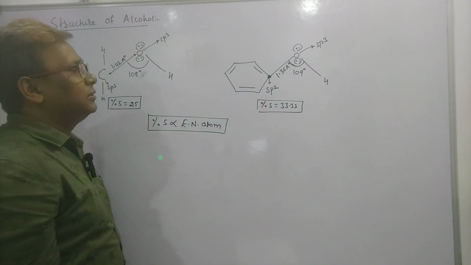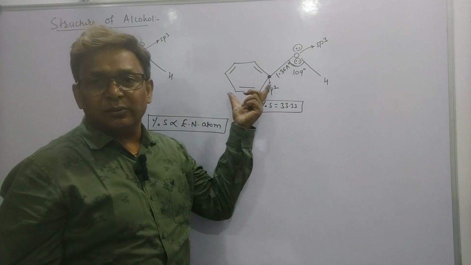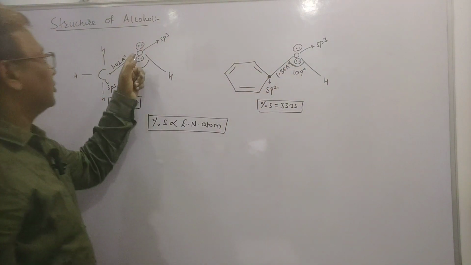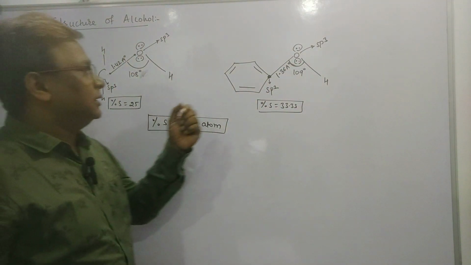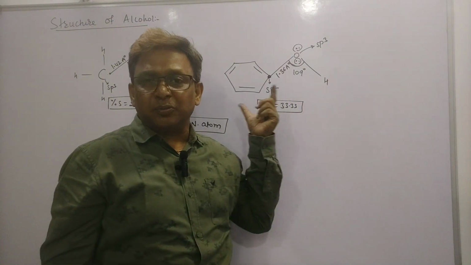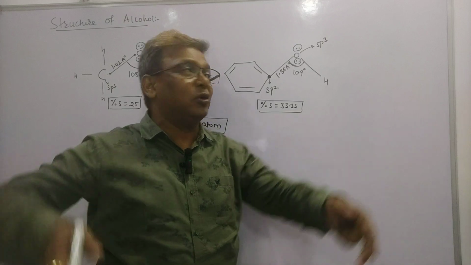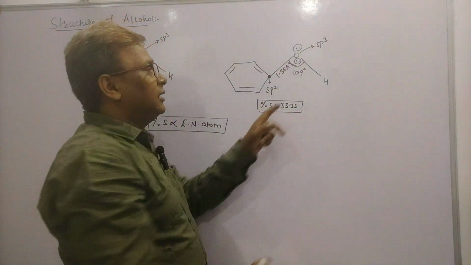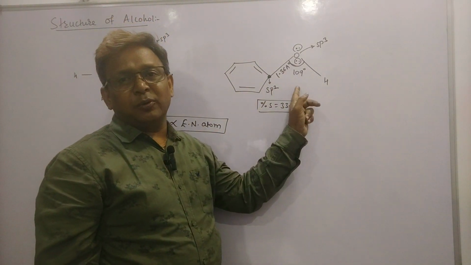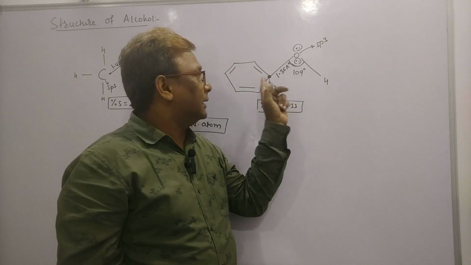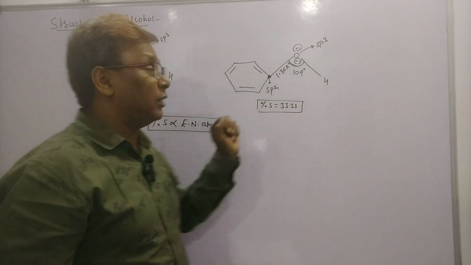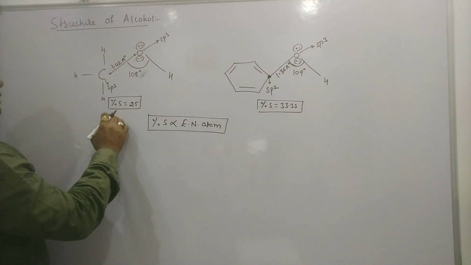The reason is what, you know? Beta, oxygen is bonded with a more bulky group in one case and with a less bulky group in the other. If the surrounding atom is more bulky, it will have more repulsion, and due to more repulsion, it will go away, and hence it will have a higher bond angle. Phenol will have a higher carbon-oxygen-hydrogen bond angle than the methyl alcohol.